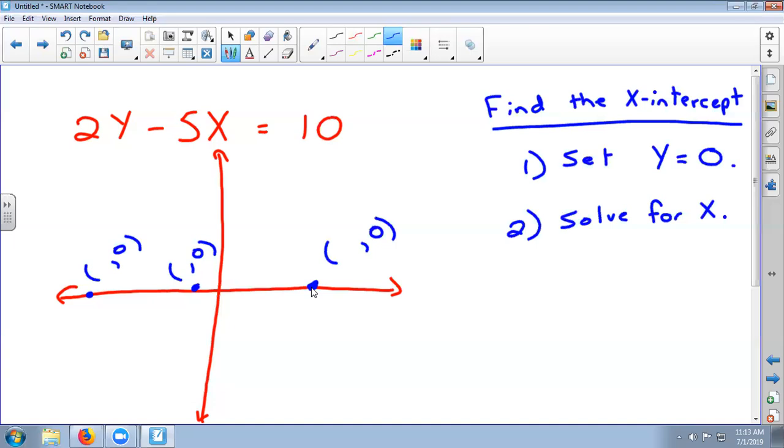There's only 2 rules. This is the rule for finding the x-intercept. I probably asked this question on every test in college algebra: find the x-intercept. Set y equal to 0, solve for x. Now, solving for x can get harder than what we're about to do, but this is a question set. Y equal to 0, solve for x.